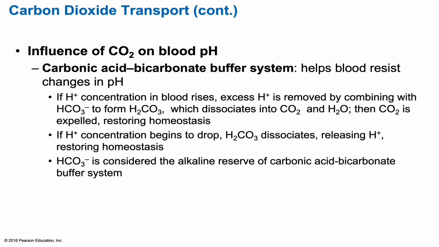Then the carbonic acid gets metabolized to carbon dioxide and water. If the hydrogen ion concentration in blood drops below normal levels, then the carbonic acid dissociates, releasing hydrogen ions, and again it ends up lowering the blood pH.